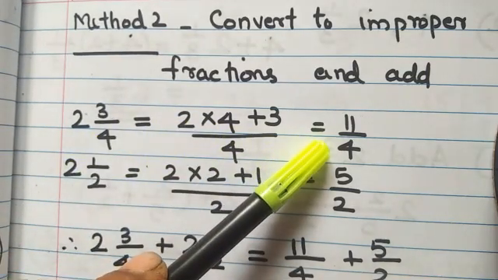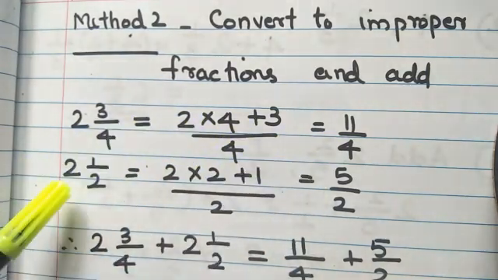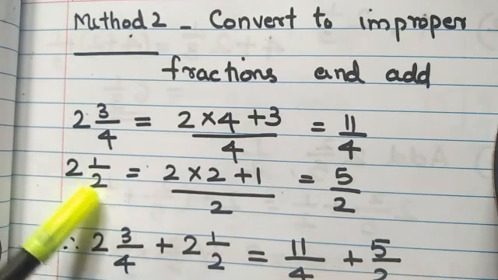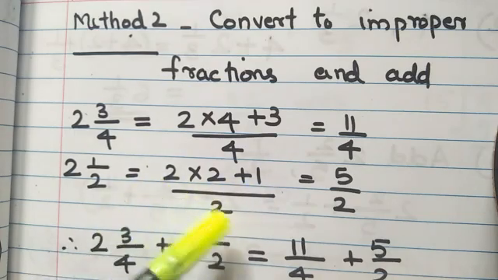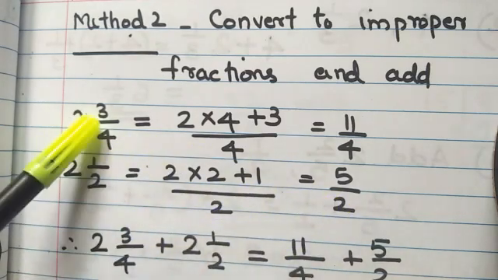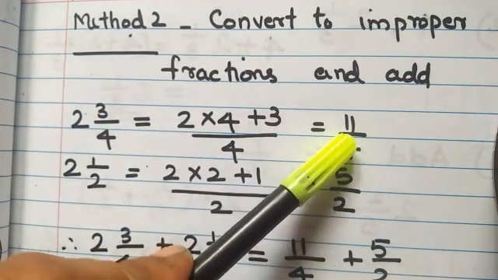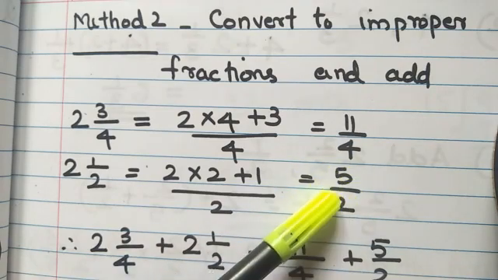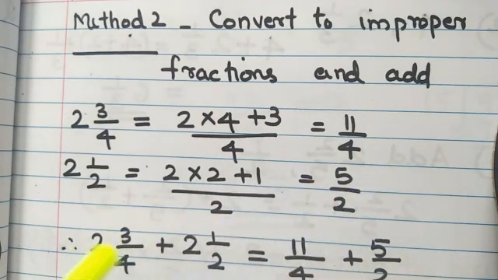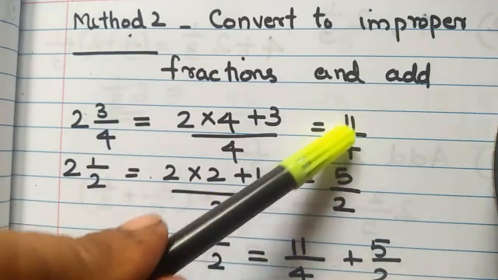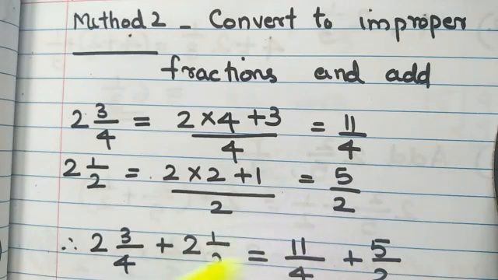So we got 11 by 4. Then 2 1 by 2: 2 into 2 plus 1, divided by 2, 5 by 2. This mixed fraction we changed into an improper fraction. That we have studied already. Okay. So 2 3 by 4 plus 2 1 by 2 we can write as 11 by 4 plus 5 by 2.